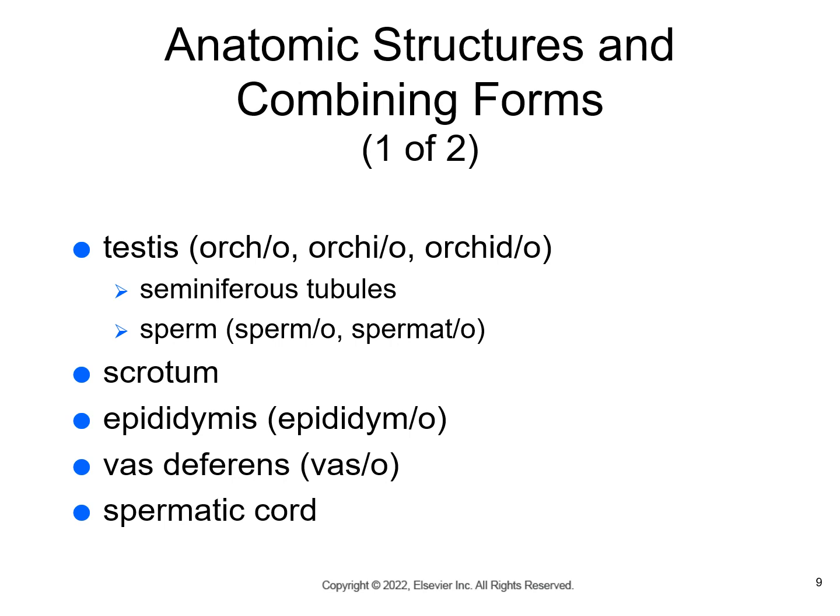The vas deferens is the duct that carries the sperm from the epididymis to the urethra, and then the spermatic cord would be the last structure. Of note, sperm, we would see it written in two variations, typically spermo or spermato.